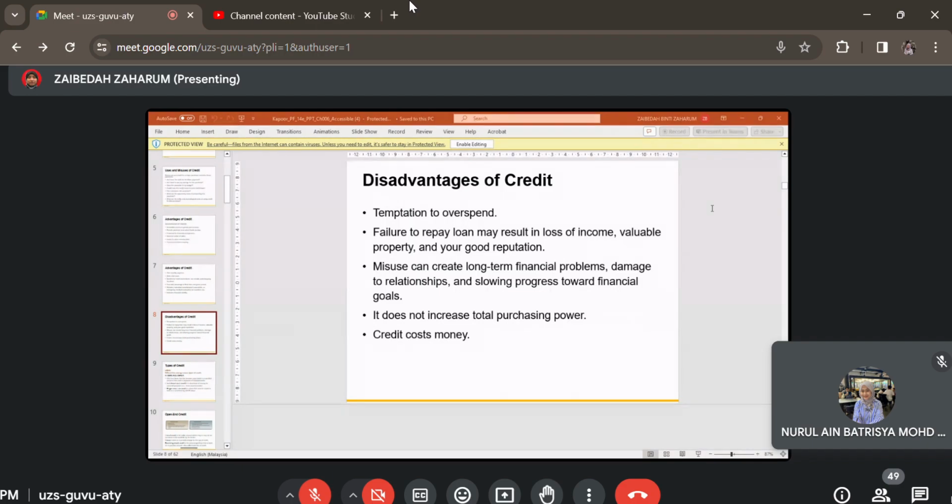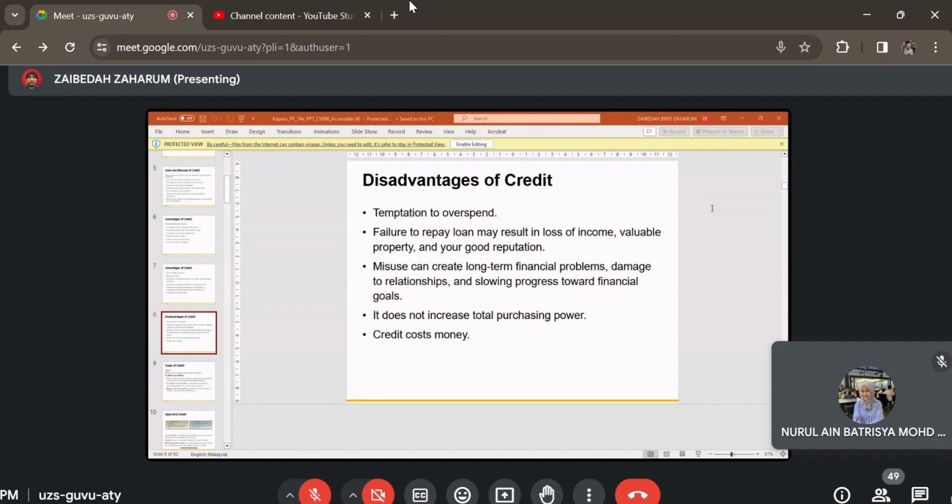Tak ada. Okay. Tapi sebaliknya bila you menggunakan kredit tadi, okay, ianya akan membolehkan you, okay, membuat pembelian, membuat pembelian tadi sebelum, okay, you ada dana yang mencukupi.